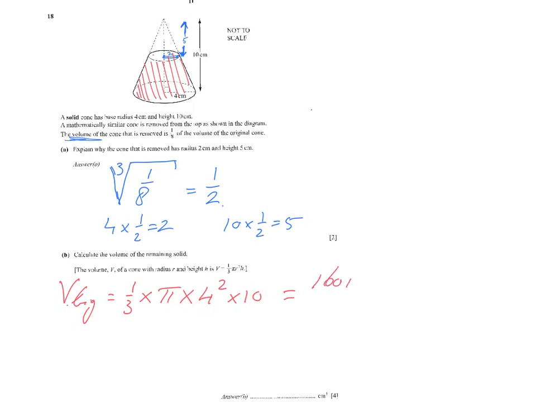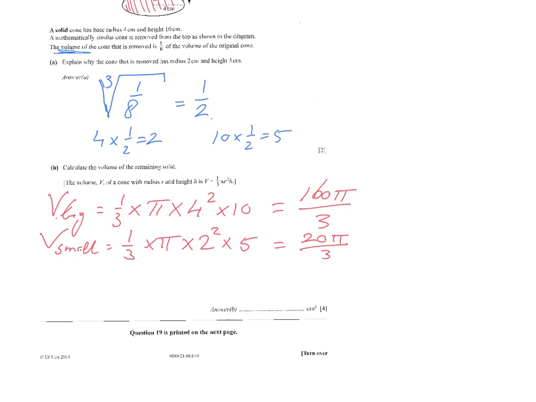So that's 160 pi over 3. And I'm going to say V small, so that's of that small cone which they remove, which is 1/3 times pi that had a radius of 2 and a height of 5. So what is that? That is 20 pi over 3.